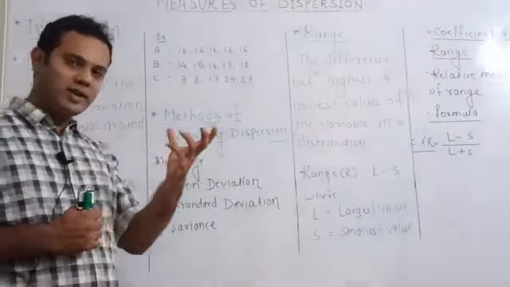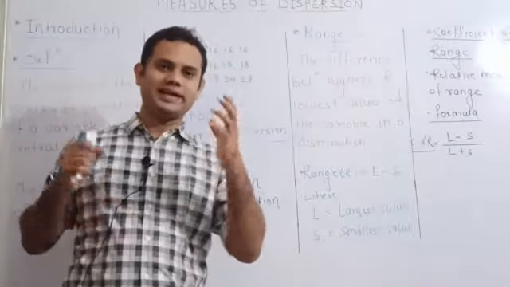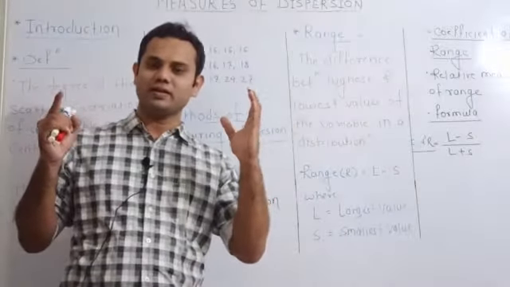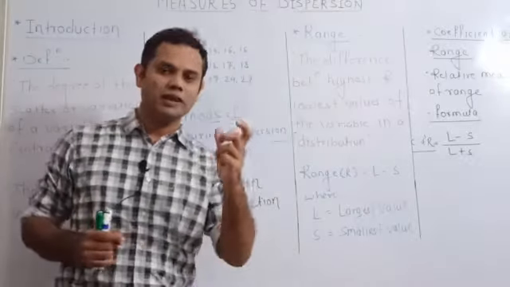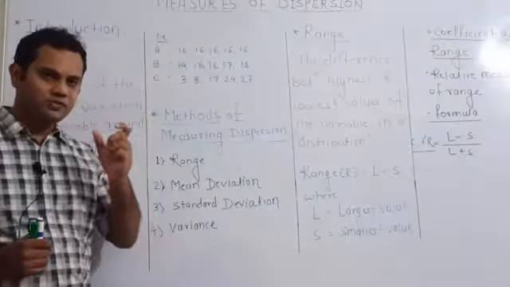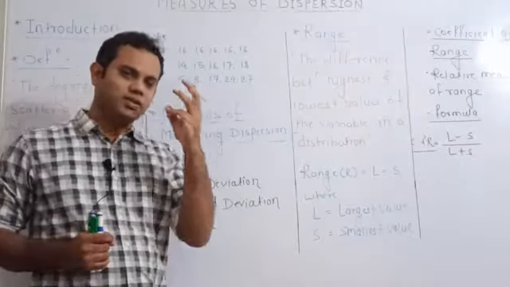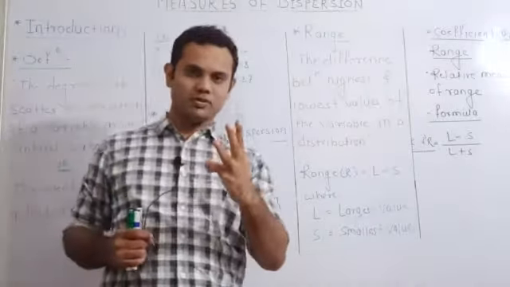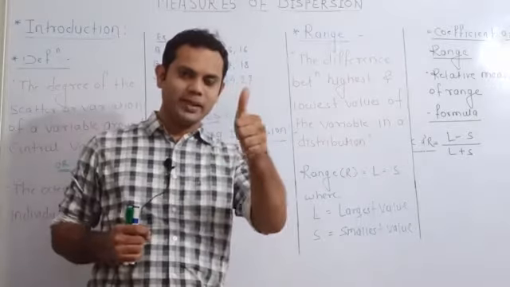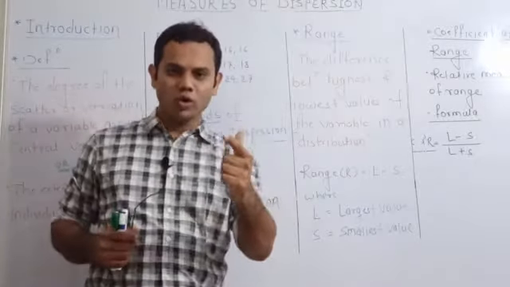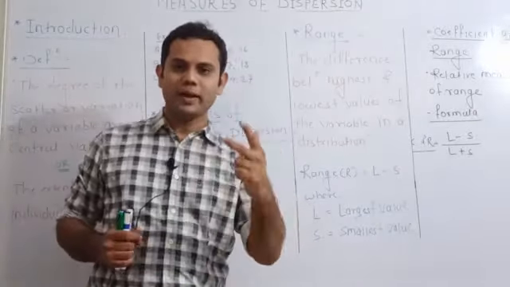Means one value which is going to represent the entire set of observations, that value is called measure of central tendency. In that we learned three different types of measure of central tendency. First one is mean, second one is mode, and third one is median.